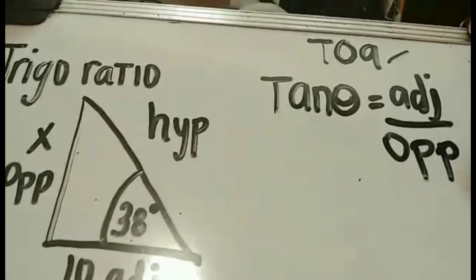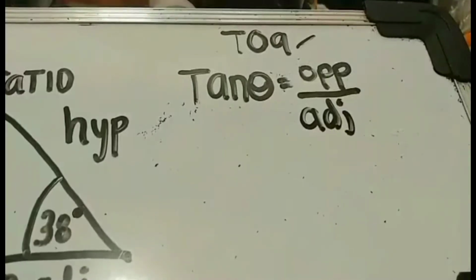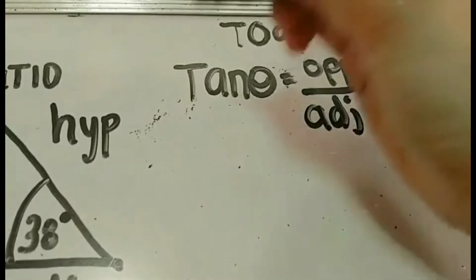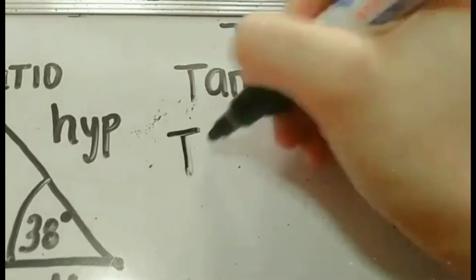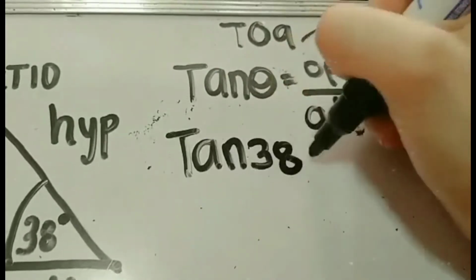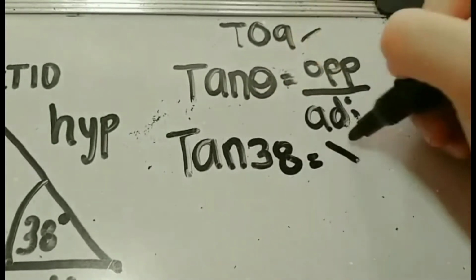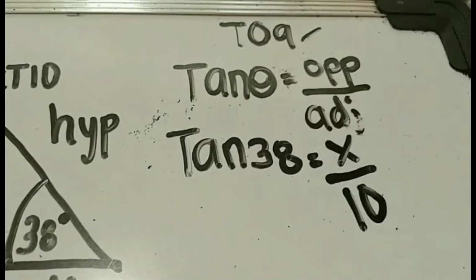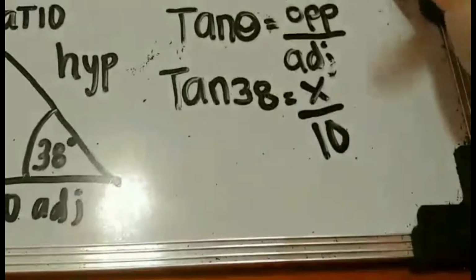So now we will use the tan. In this case, we will write here tan 38 equals the opposite x over the adjacent 10.